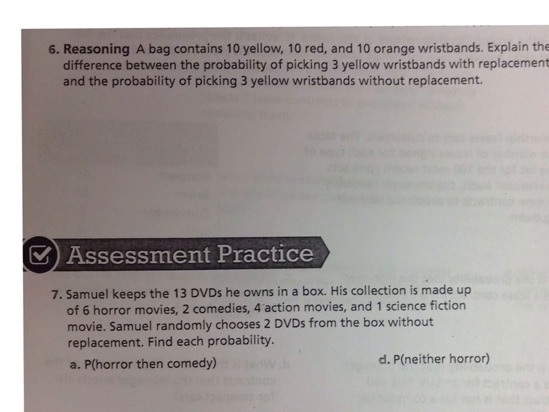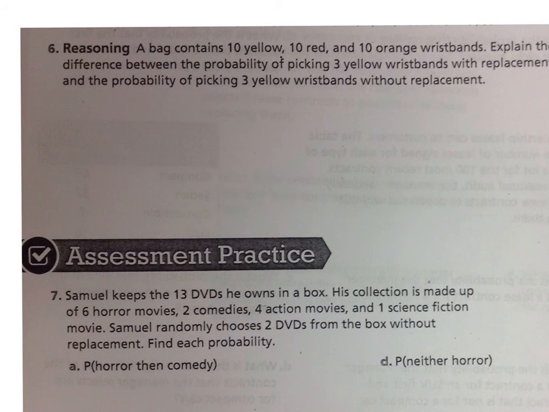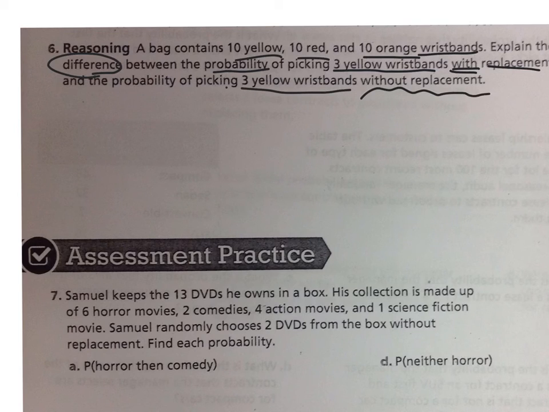Number 6, we have a bag that contains 10 yellow, 10 red, and 10 orange wristbands. Explain the difference between the probability of picking 3 yellow wristbands with replacement and the probability of picking 3 yellow wristbands without replacement.